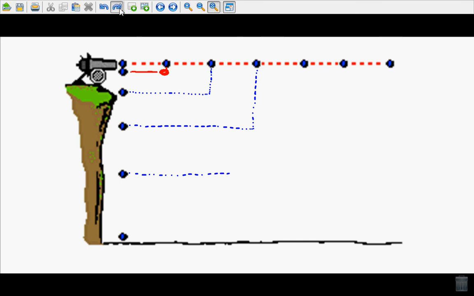In the first second, it moves a little bit downwards and out. In the second, it moves a little bit further downwards and out. In the third second, further still. In the fourth second, same thing, and in the fifth second, it's going to hit the ground, but it has also moved out.